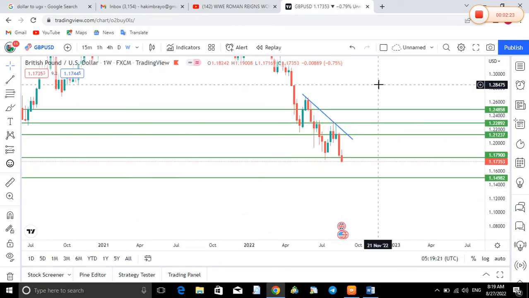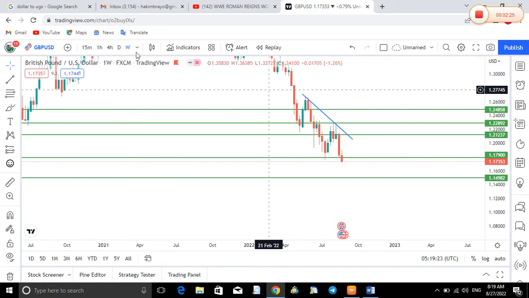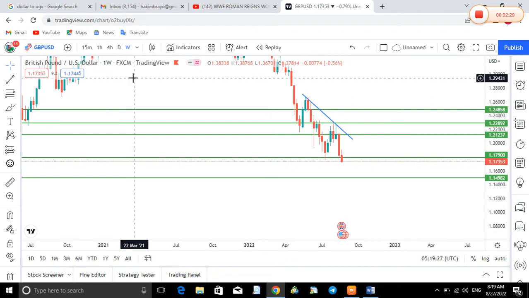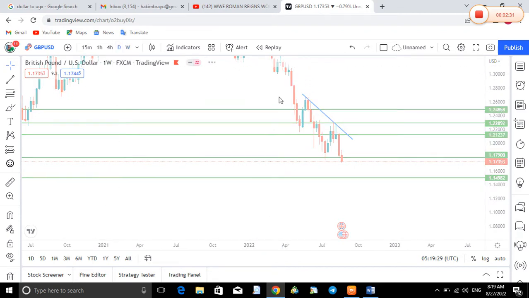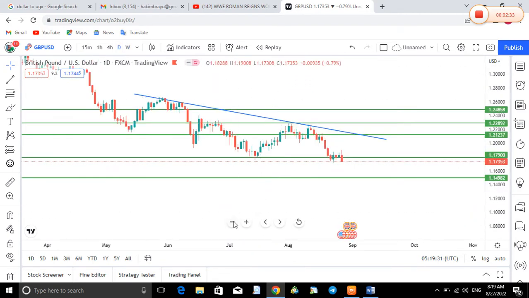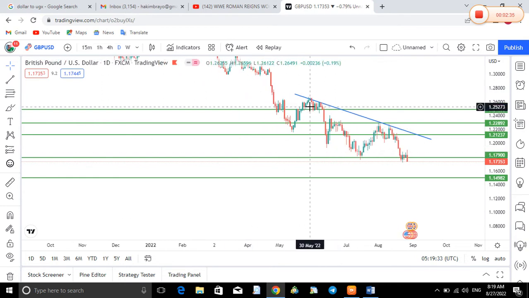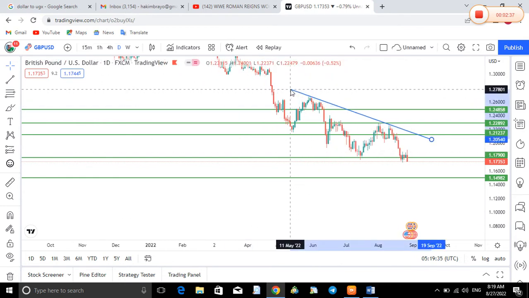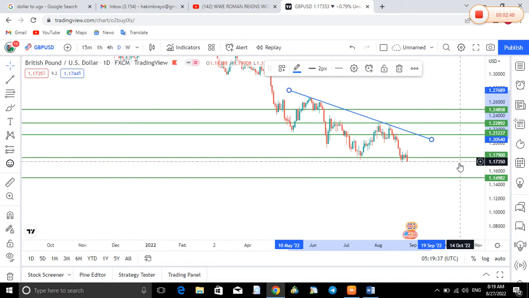This resistance level has been acting so many times. Now if you go to my daily time frame, you can clearly see that this was our resistance level, which is our resistance trend line.